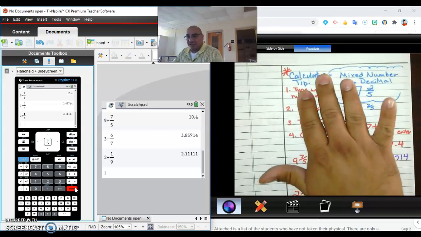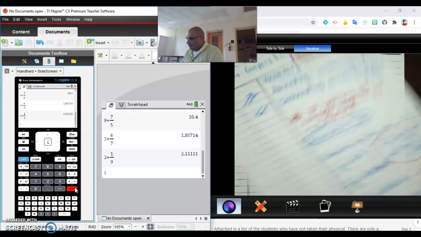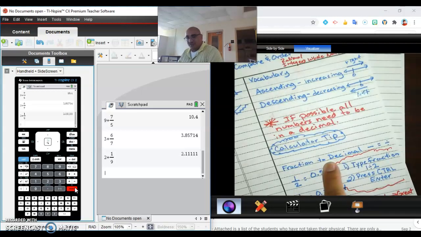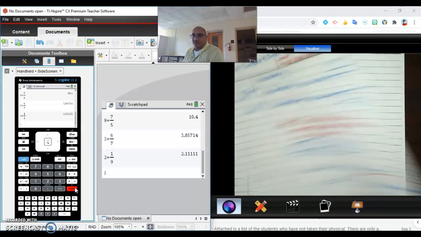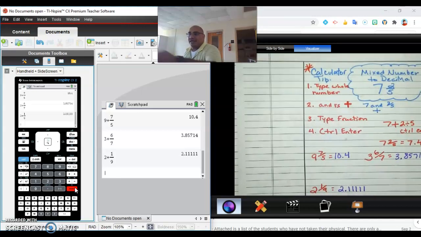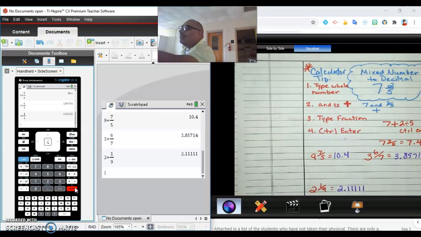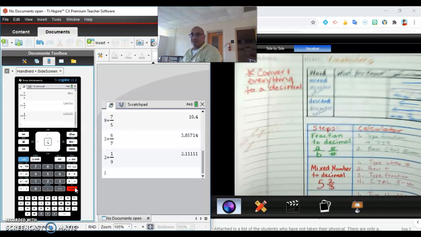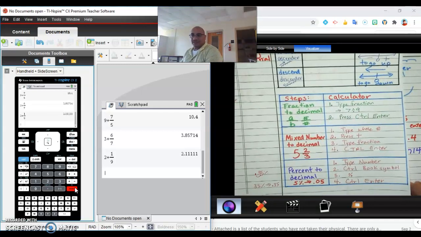I have your calculator tips for both fractions to decimals and from a mixed number to a decimal. In class, it looks a little bit different. This is what our paper looked like in class.